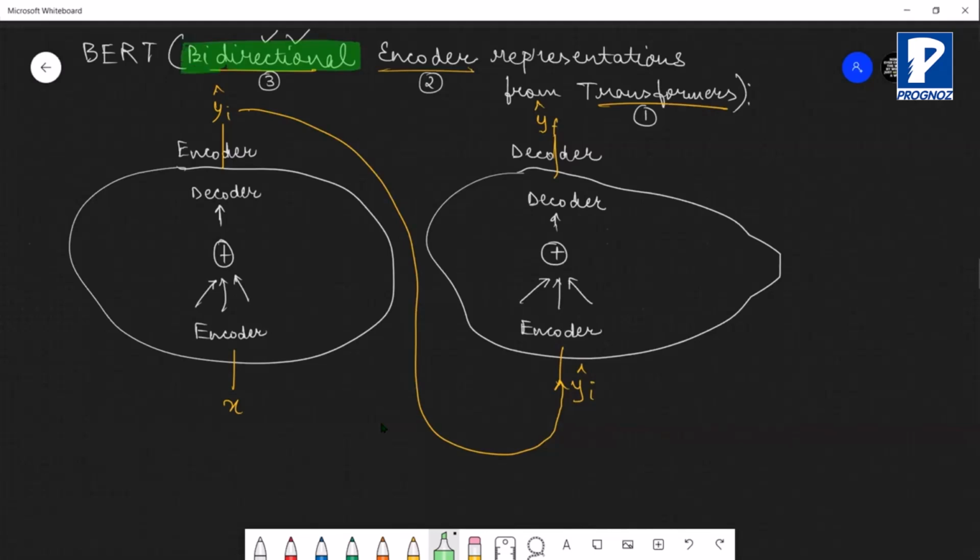What they will have is bidirectional RNN cells.